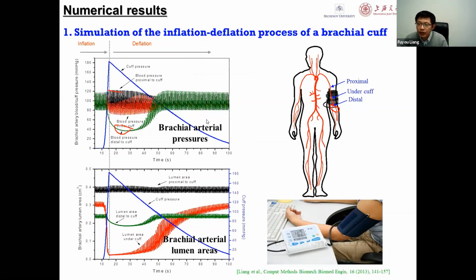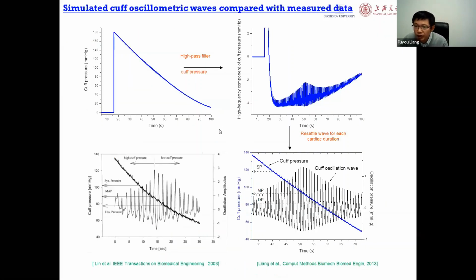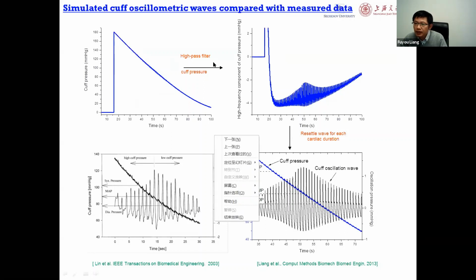But you know, when we measure blood pressure using this kind of curve, we are not using the information obtained from the curve directly. We are using the high frequency component of the curve information. So in order to obtain the high frequency component, we apply a high pass filter to the cuff pressure, and then we can obtain the cuff oscillometric waves, which are the so-called high frequency component.